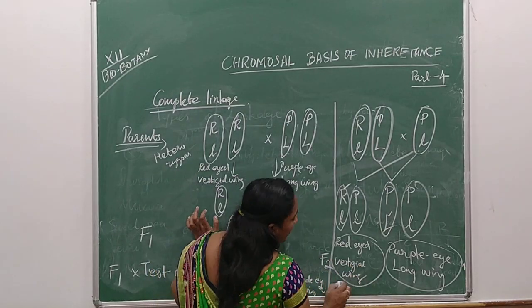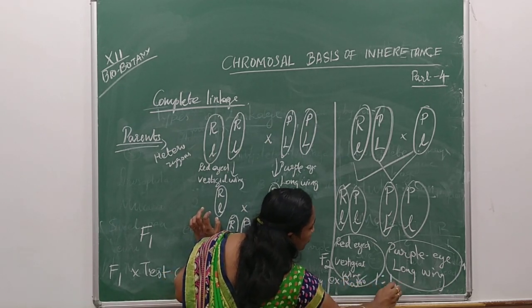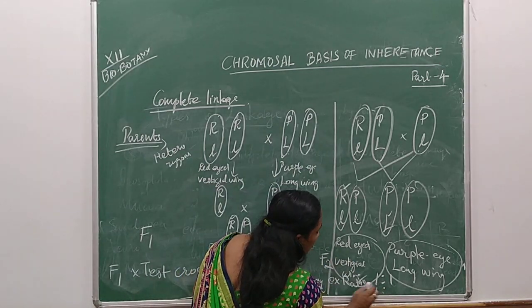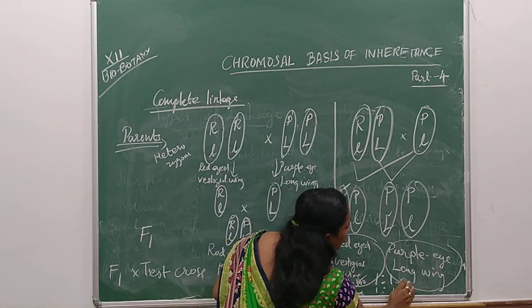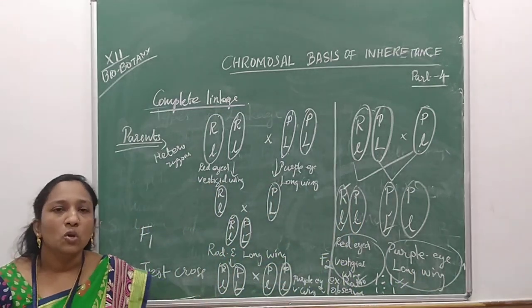The expected ratio is 1:1, and what is observed? They also observed the same thing, 1:1. Both are the same. Expected is 1:1 and observed is also 1:1.